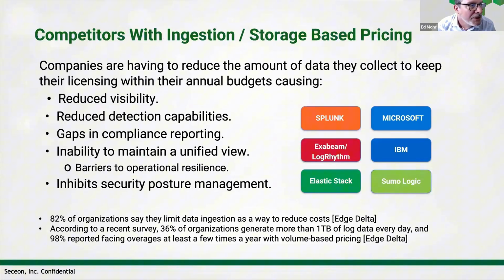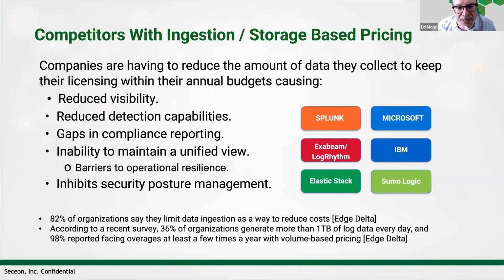So here we talk about one of our biggest differentiators, and Yesh spoke about it some. Many of our competitors are pricing based on the amount of volume of data that they are ingesting, or the number of events per second that they are consuming if they're just focused on logs only and not including things like flow data.